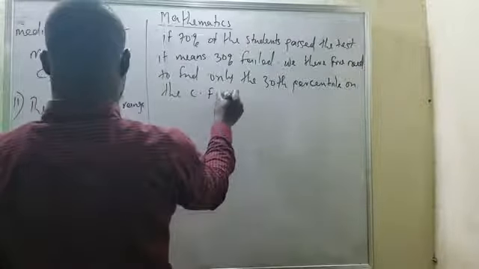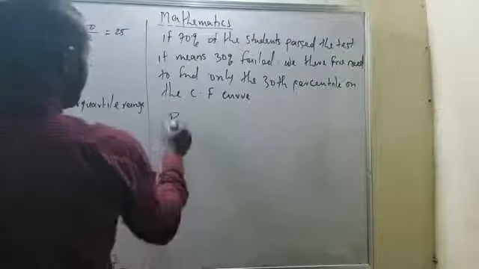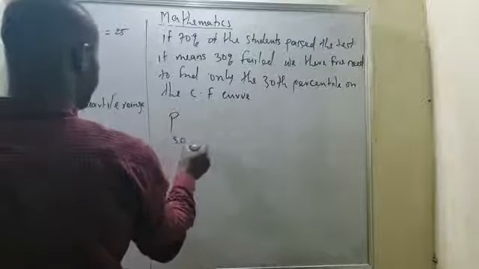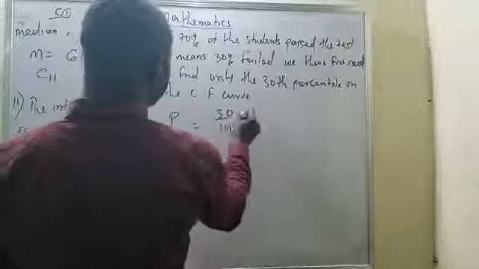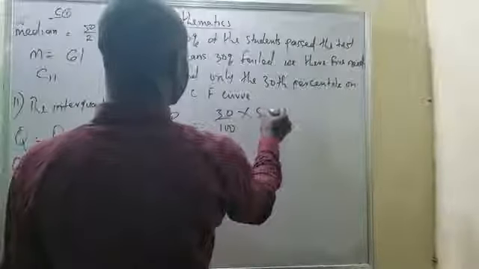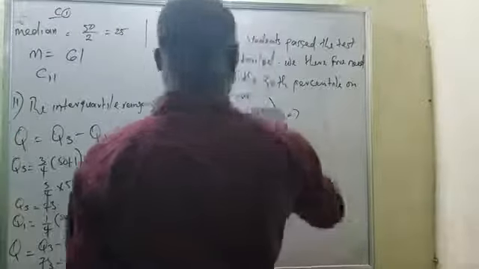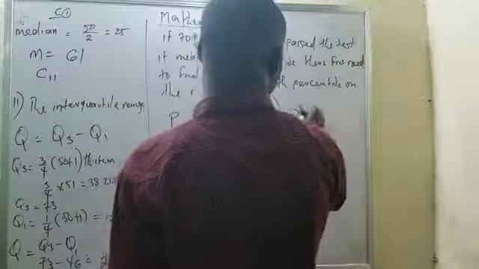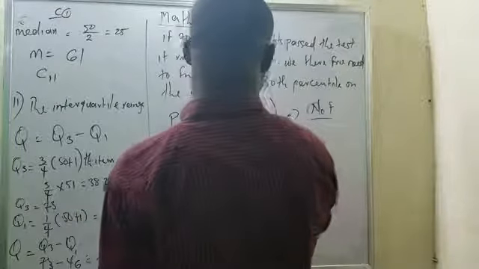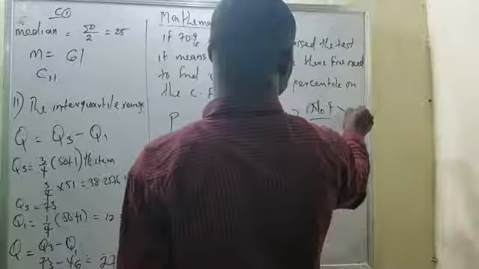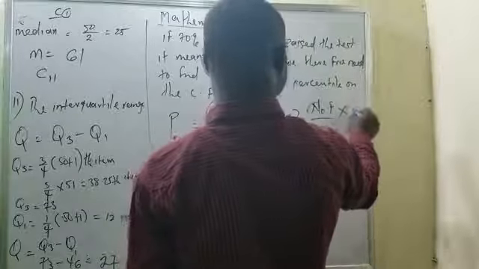Now, I'll be having P of what? 30% that failed, which I'll have as 30 divided by 100 multiplied by 50. Let's quickly define this. What I mean is that the number of failed students equals the percentage, divided by 100, multiplied by the total number of students.